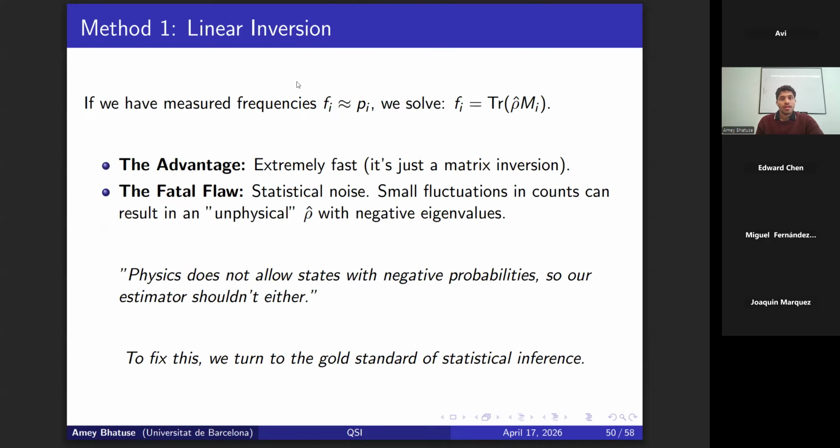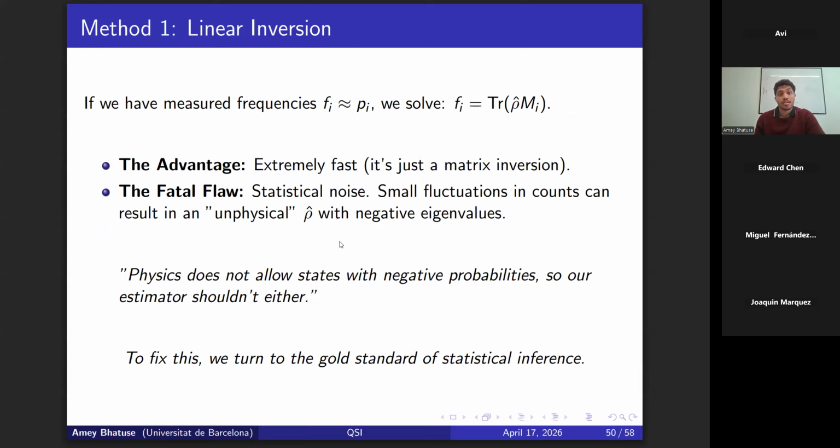Let's say you have measured frequencies, f_i, using the Born rule. This technique is just linear inversion, where you take the inverse of your transformation. Now, the issue is that there's a flaw.